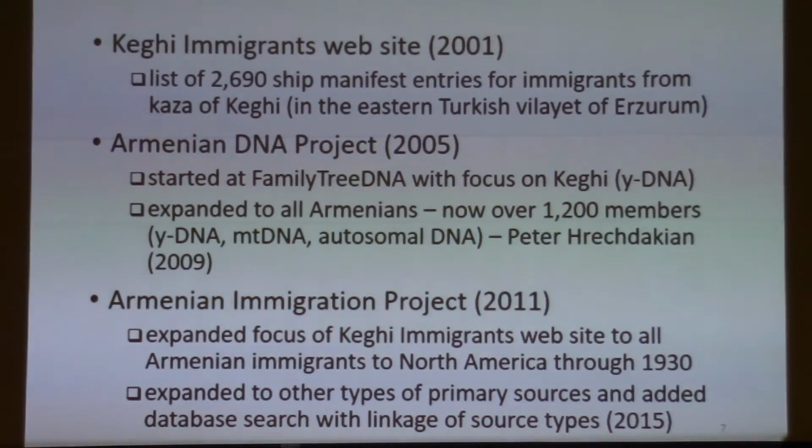And Peter's grown this thing to about 1,200 people right now from all over the world. He brought in Hovan Simonian, a historian who I think lives somewhere in Europe. Switzerland, yeah, Switzerland. So Peter and Hovan have pretty much been driving the project. I stepped back because they were doing things that I couldn't have done.